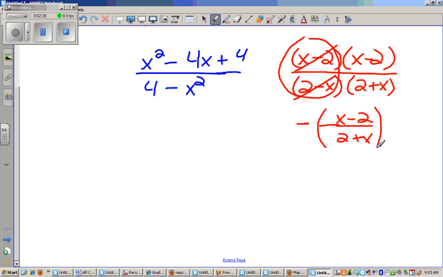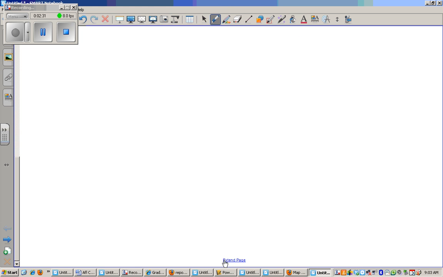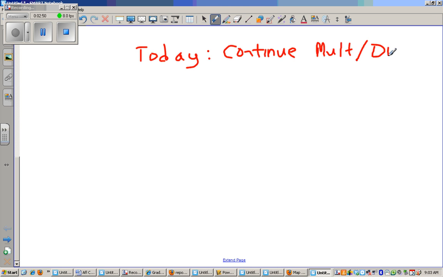Okay, so that's the reduction. So that's what we worked on yesterday. Today we're going to continue on that same idea, except we're going to also include multiplication and division. We're going to start off by reviewing what you've done before.